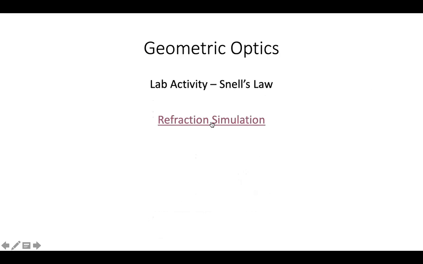Okay, so let's take a look at this. Hopefully, are you still on the slides? Yeah, we're still on the slides. Okay, so let me stop sharing for a moment and share the physics simulation.